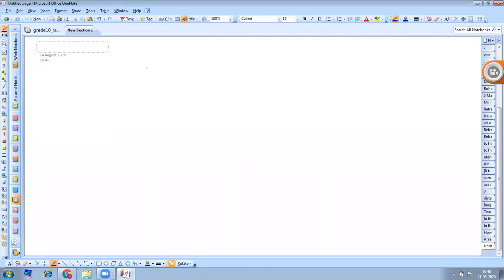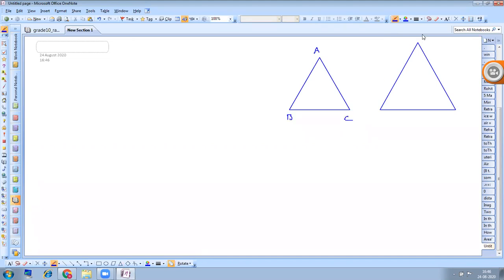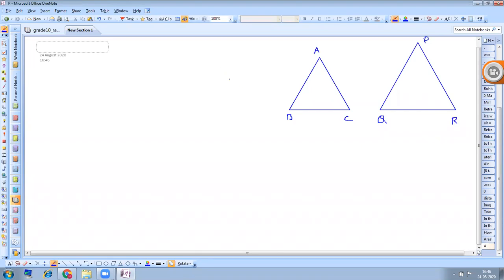So from here, I'm taking a little bit smaller diagram to explain this. These are the two triangles, and I'm saying both are similar to each other: triangle ABC, triangle PQR. So, proof. First I'm taking the construction.